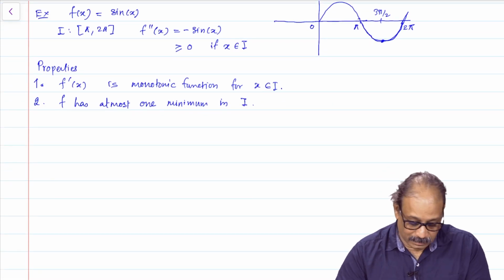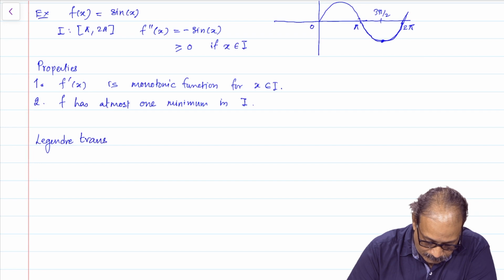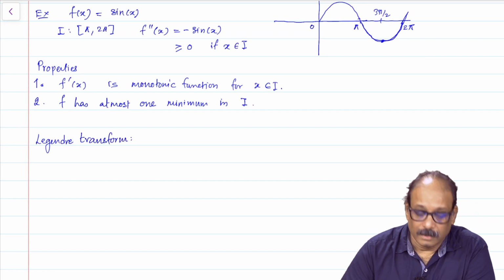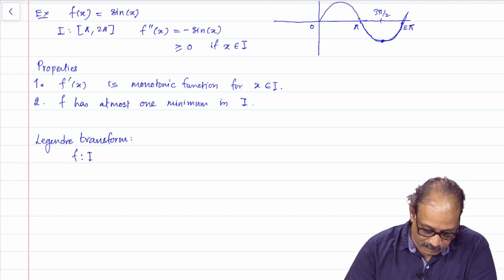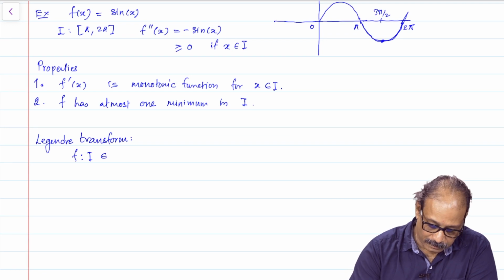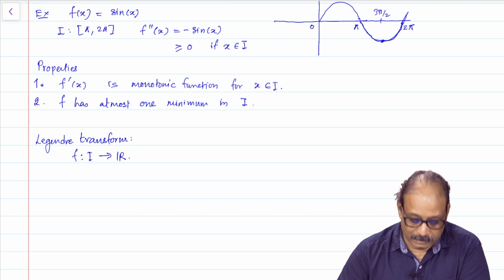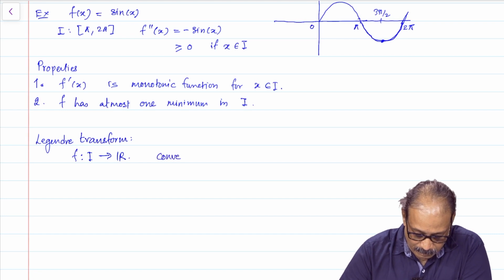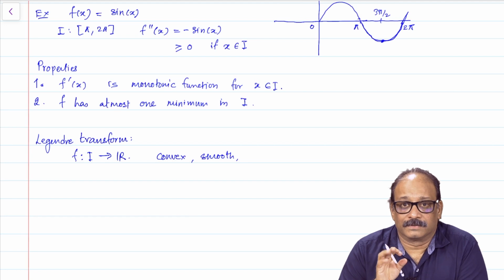Now, I will define the Legendre transform. Okay. Let us start with a function. So, a function which is defined over some interval, okay, and we will assume that it is convex and also I will assume that it is smooth, that is it has sufficient derivatives, at least 2 derivatives do exist.